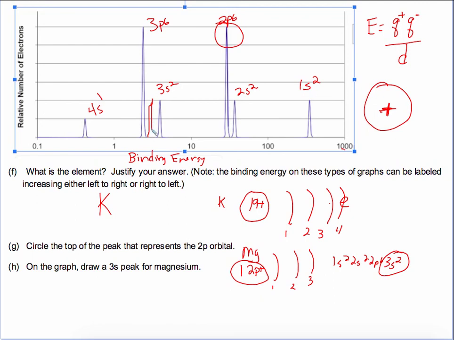So magnesium's 3s is going to be somewhere probably over in here, because it's going to take less energy because it has fewer protons binding the electrons. Potassium has more protons binding the electrons, so it's going to take more energy. Magnesium has less. So this would be magnesium's right there where I drew it. Okay, that's it for this video.